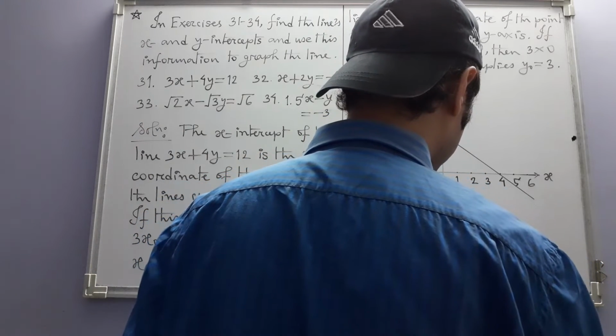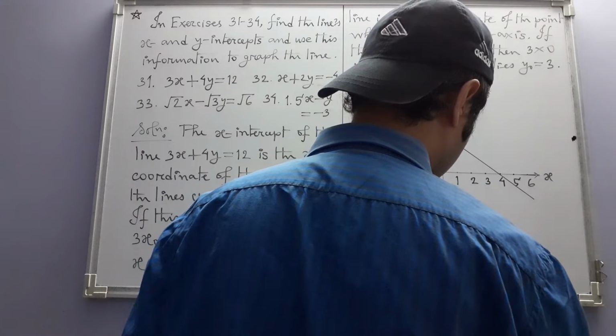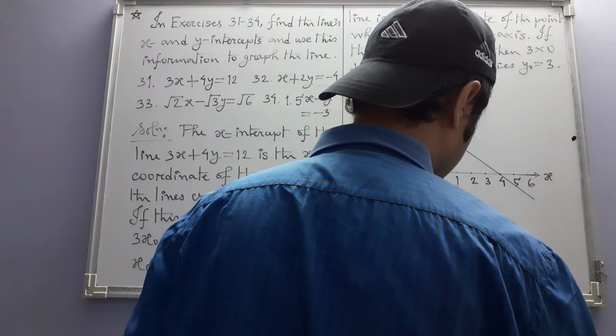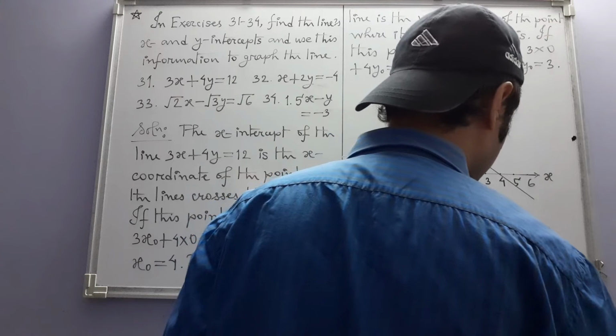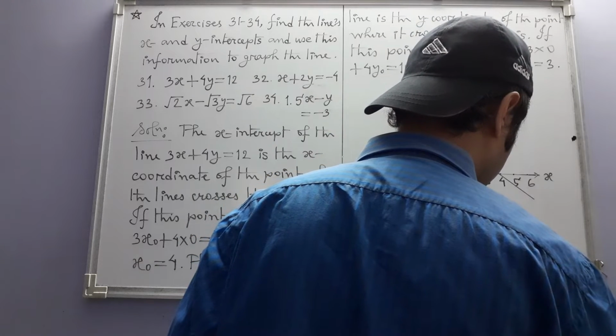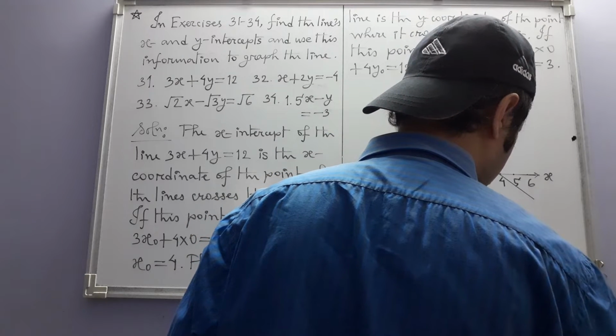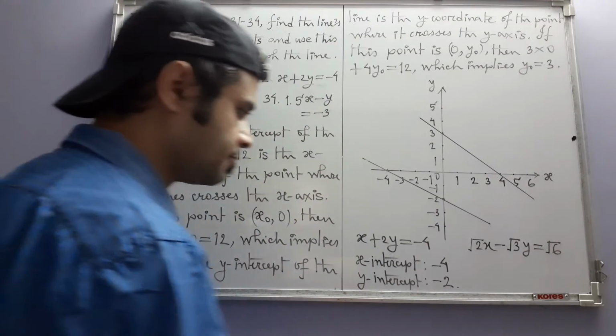33. Square root of 3 times x minus square root of 2 times y is equal to square root of 6.